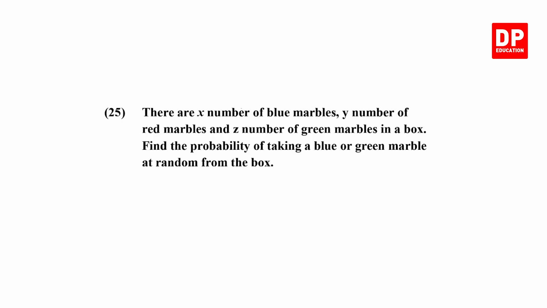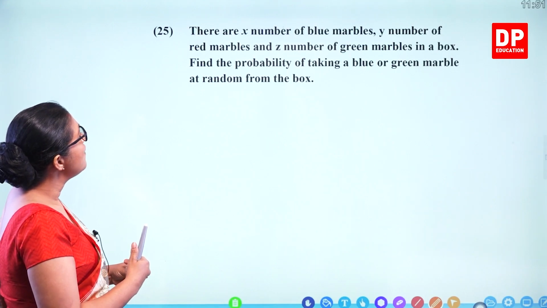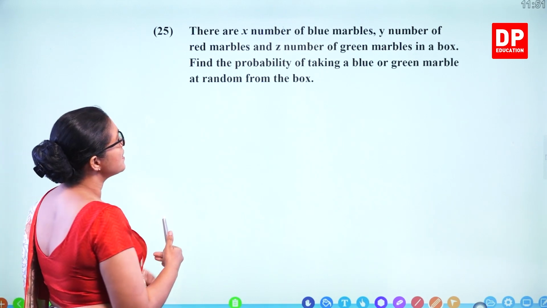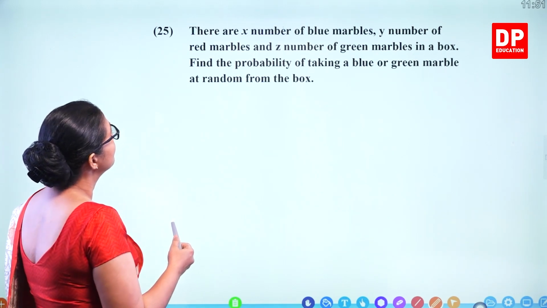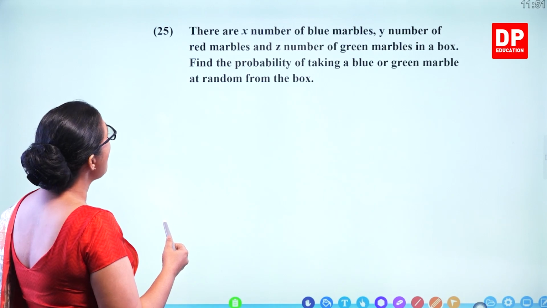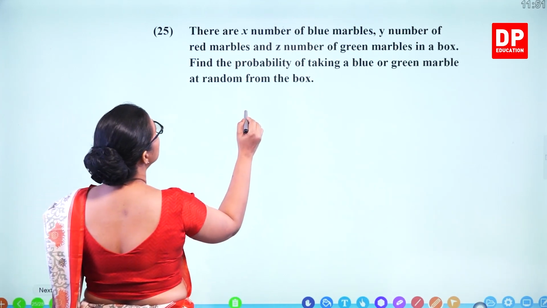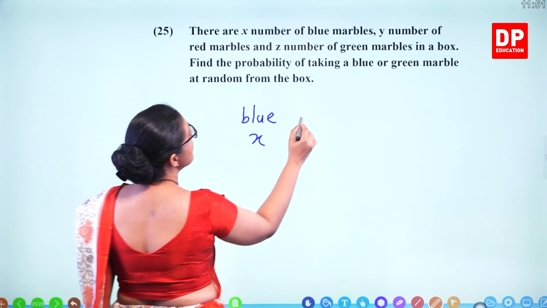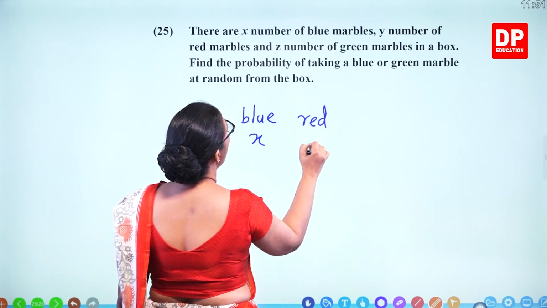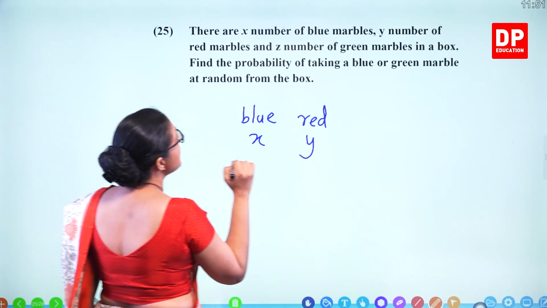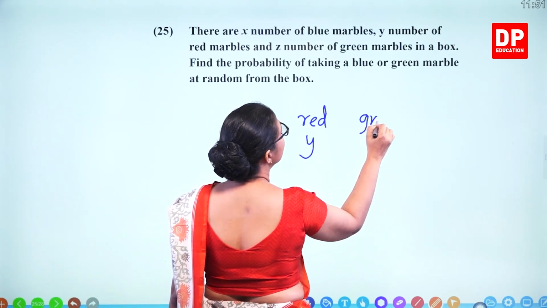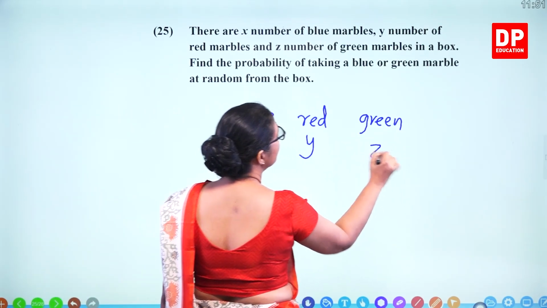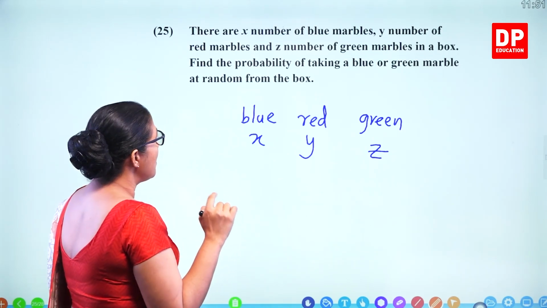So last question, question number 25. There are X number of blue marbles, Y number of red marbles. So here blue, X, red, Y marbles, and Z green, in a box.